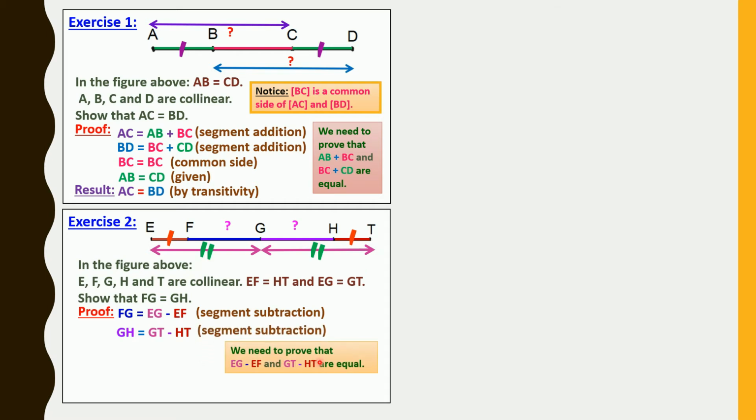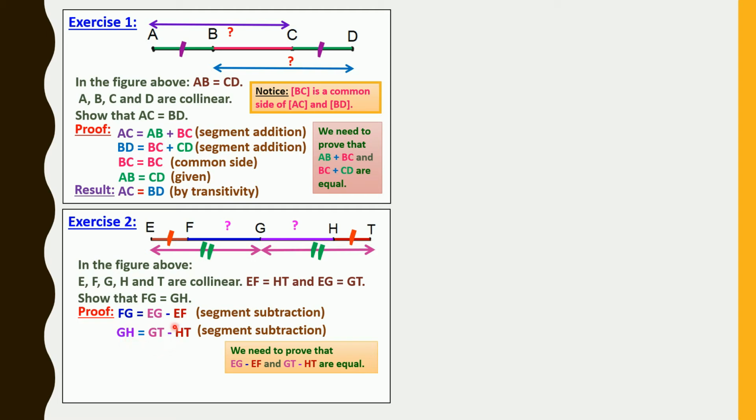Now we need to prove that the two quantities EG minus EF and GT minus HT are equal. If we prove that these two differences of two segments are equal, in this case we proved that these two segments are equal by transitivity.